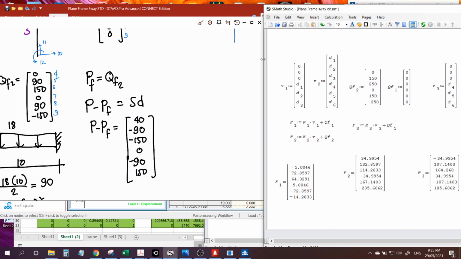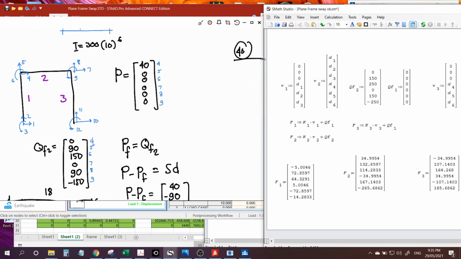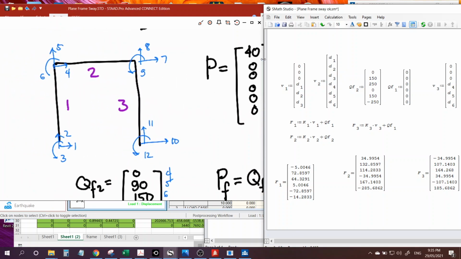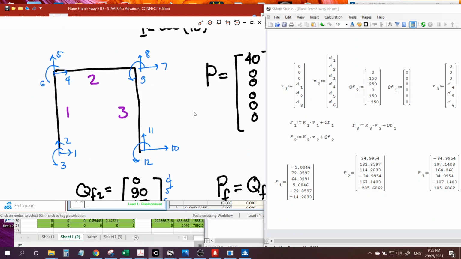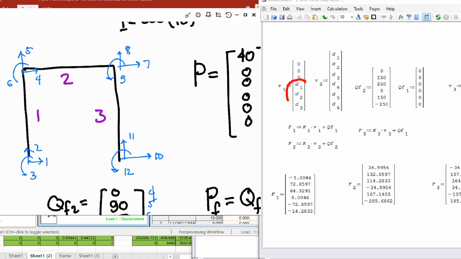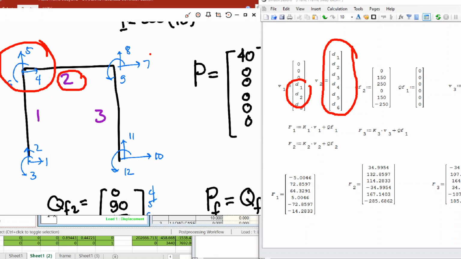So for member 1 we have D1, D2, D3. And for member 2, we have all displacements, because this is member 2.